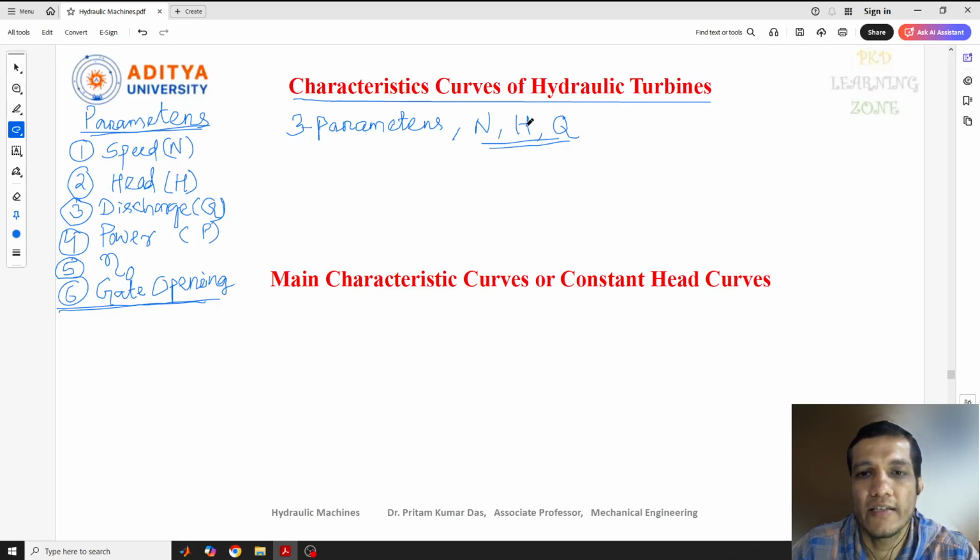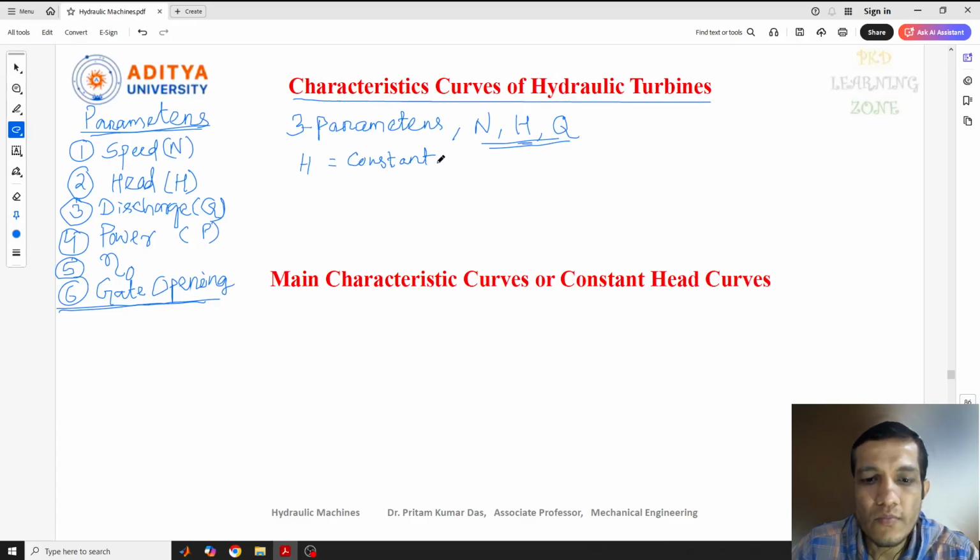Either you can consider the head. Suppose you consider the head, then we keep one parameter constant, that is H equal to constant. Now one parameter is gone; out of the total 3, one is taken out.